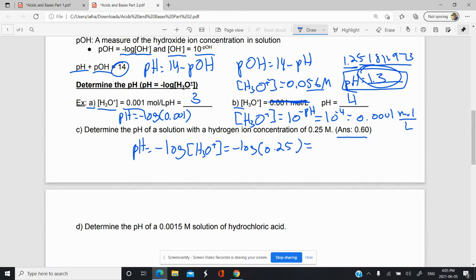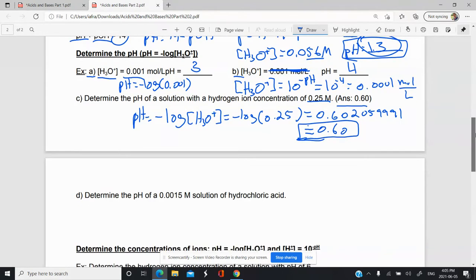And so let's do our negative log of 0.25, and I get about 0.602059991. But to keep it to 2 sig figs, I'm going to do 0.60. And that's my pH. Quite acidic, below 7, much below 7, even below 1. So again, based on the pH, you can tell if your solution is acidic or not.